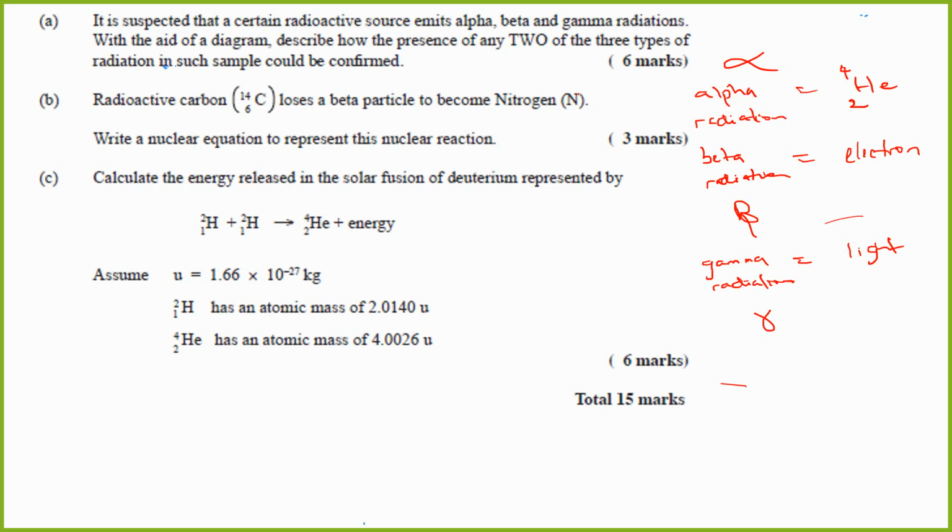With the aid of a diagram, describe how the presence of any two of these three types of radiation in such a sample can be confirmed.